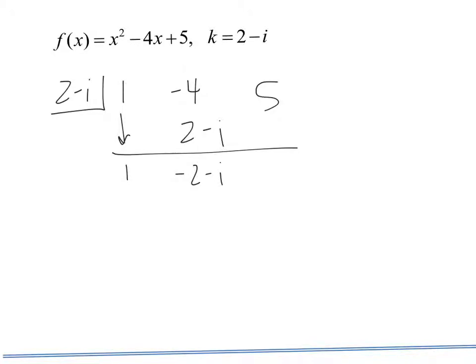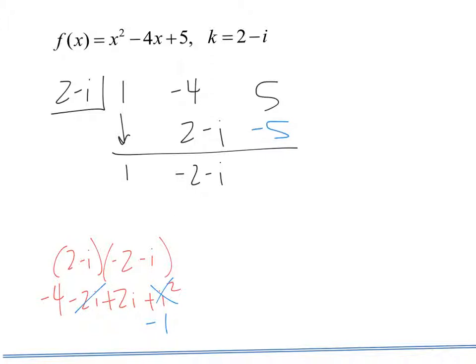So now I have to do off to the side here, 2 minus i times -2 minus i. Be very careful with all those negative signs. -4 minus 2i plus 2i plus i squared. And yeah, i squared is actually -1. So -4 and -1 combine to make -5.